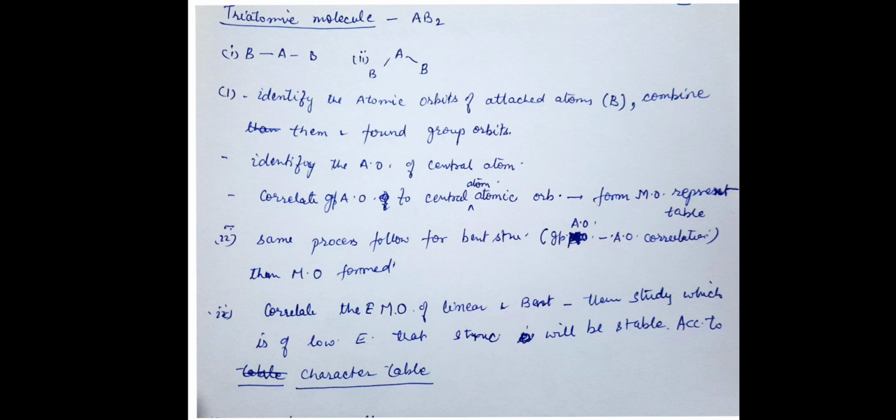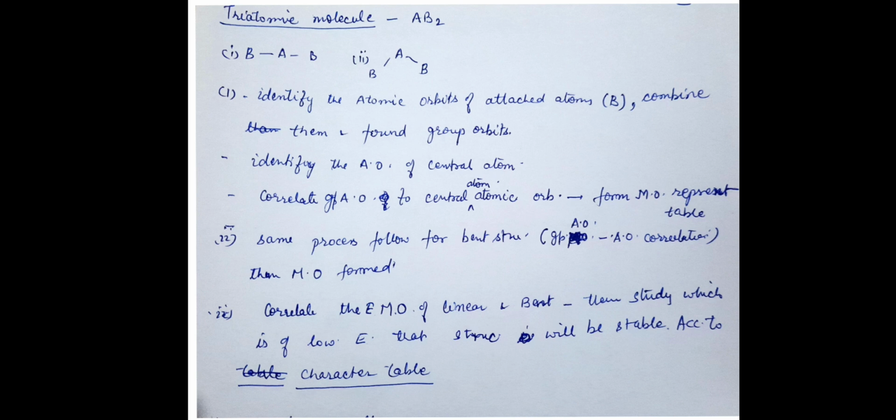What we are doing first is identifying the atomic orbitals of the attached atom B. What are the outermost B atomic orbitals that participate in bonding? Then combine them and form group orbitals. The outer atomic orbitals of both the B atoms combine and form group orbitals.